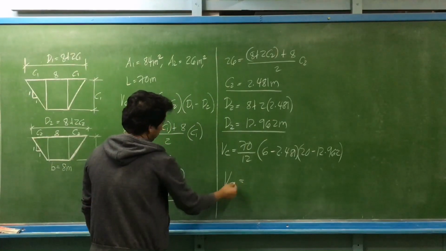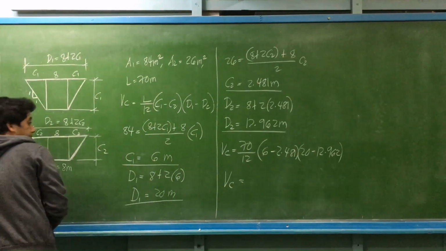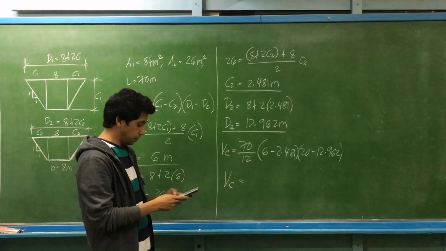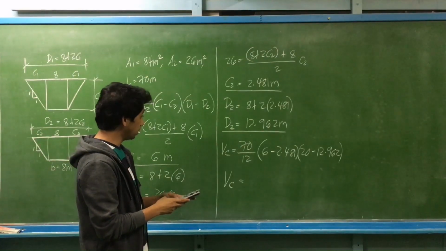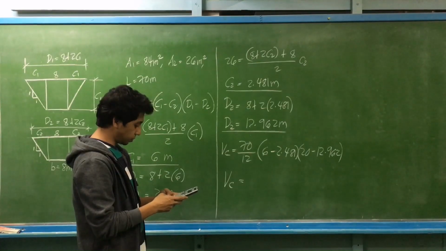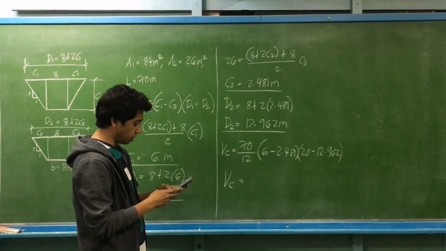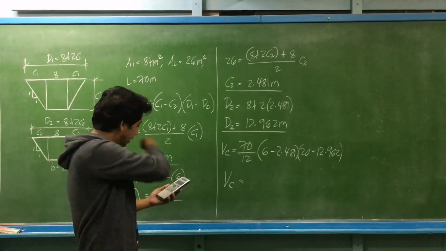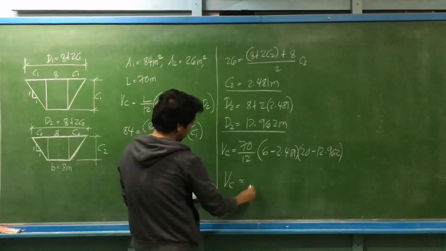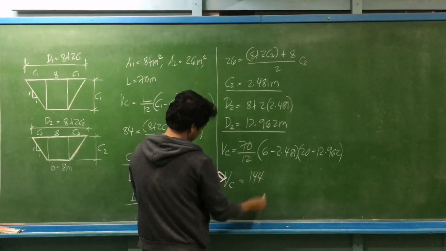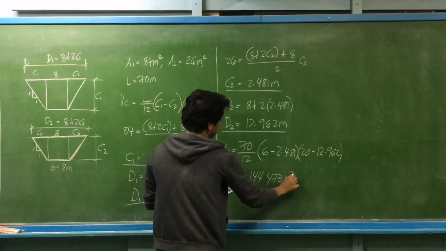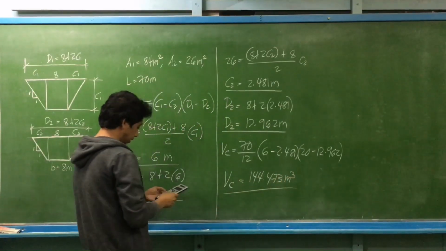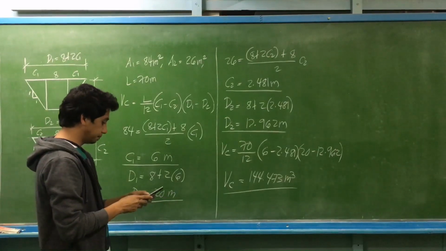So we have the volume correction equal to 70 over 12 multiplied by 6 minus 2.481 multiplied by 20 minus 12.962. So we'll be having a volume correction equal to 144.473 cubic meters.